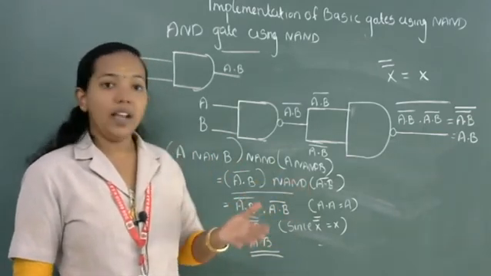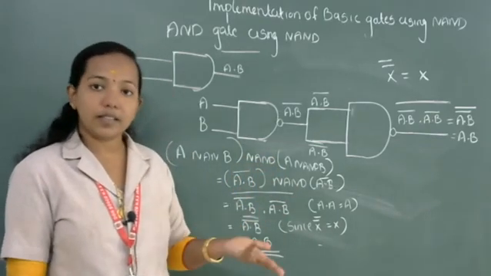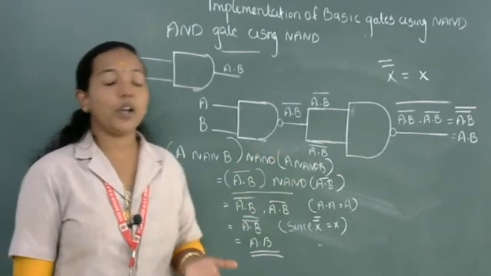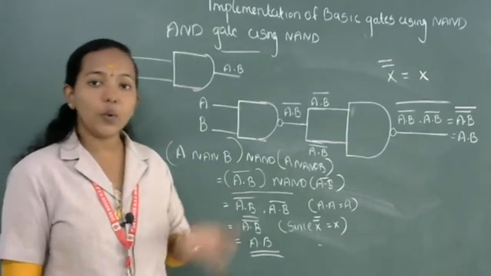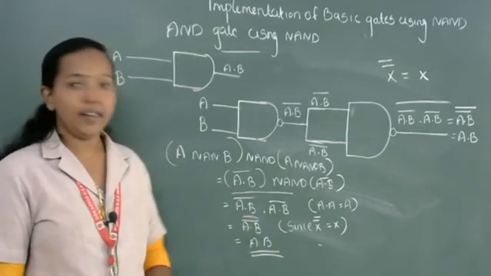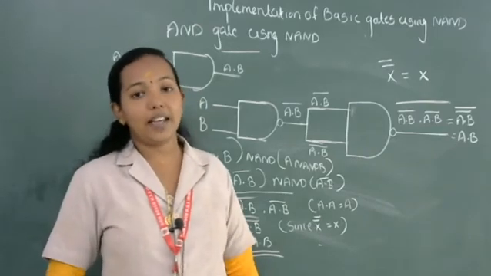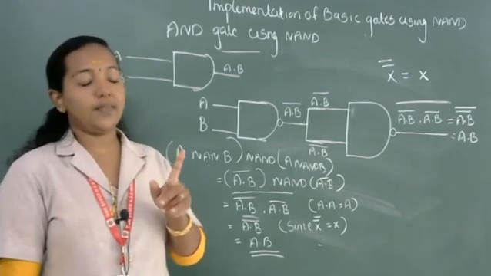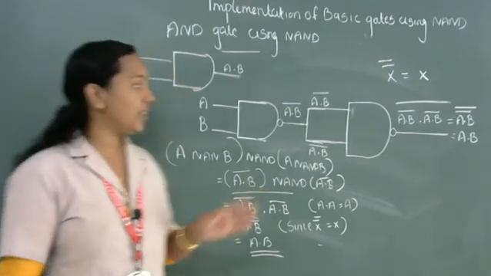So we will get (A dot B) complement. Then one more complement is there. Then according to involution law, X double complement is equal to X itself. So hence the theorem proved, or hence we can represent AND gate using NAND gate. Instead of a single gate in the diagram, here I am using two NAND gates. I think it is clear.